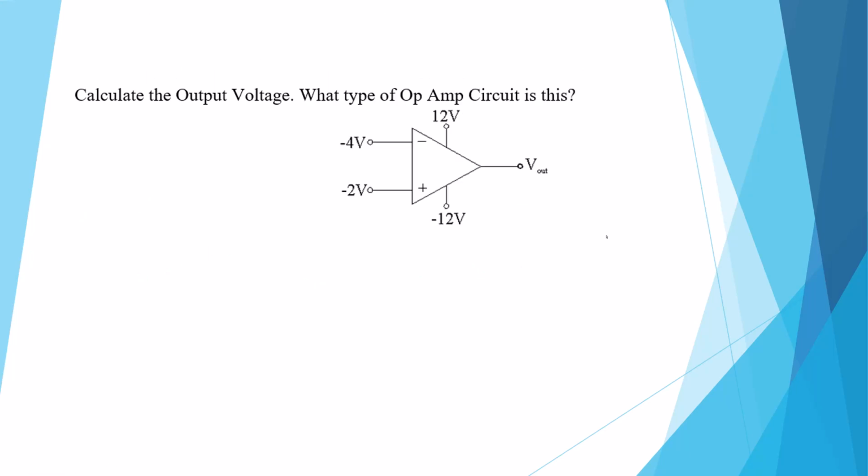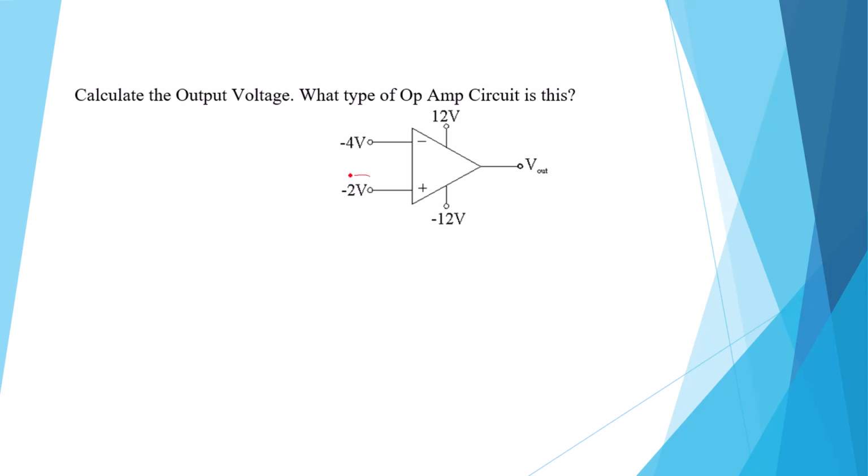What we have here is an op amp acting as a comparator. The way comparators work is the larger voltage going into which input will drive it to that rail. So -2 is actually greater than -4, a tricky question here.